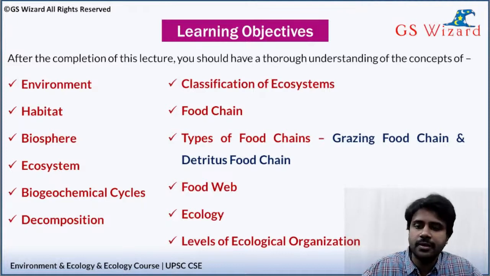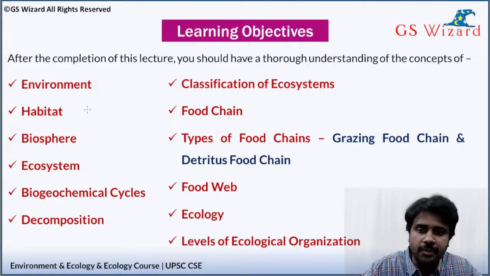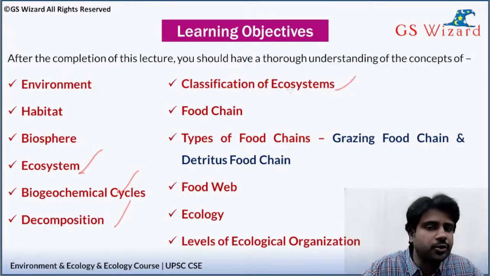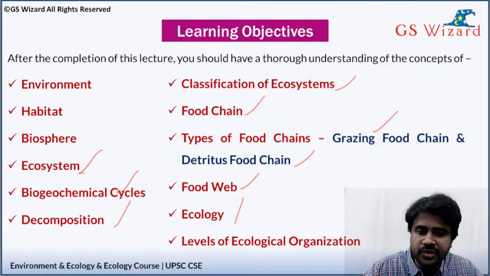Now, in today's session, we'll be discussing all the basic concepts. We'll be discussing environment, habitat, biosphere, ecosystem, biogeochemical cycles, decomposition, classification of ecosystems, food chain, types of food chains, that is grazing food chain and detritus food chain, food web, the concept of ecology, very important.